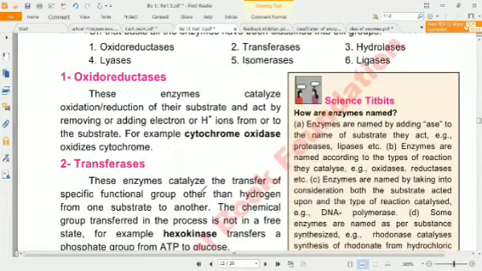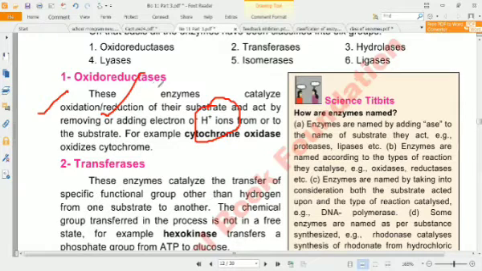The first one is oxidoreductase. We know that in our body the metabolic activities can be oxidation or reduction, meaning they can lose or gain electrons, or lose or add protons. So oxido is from oxidation and reductase from reduction.